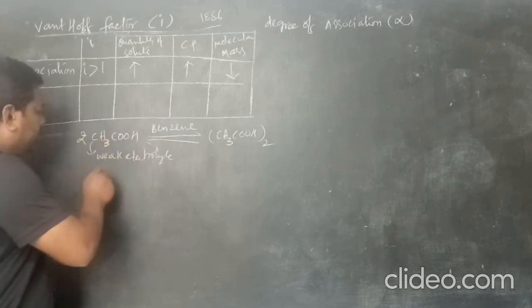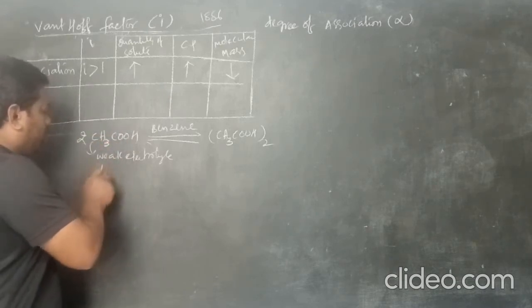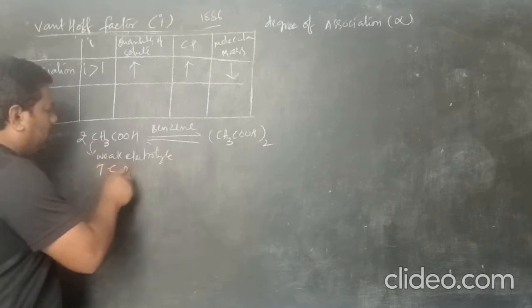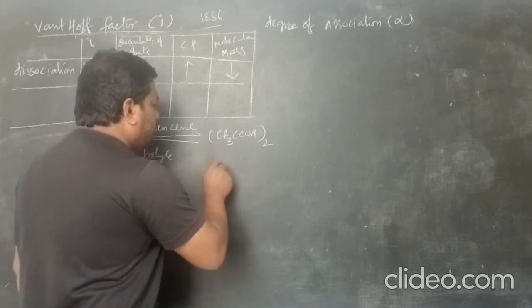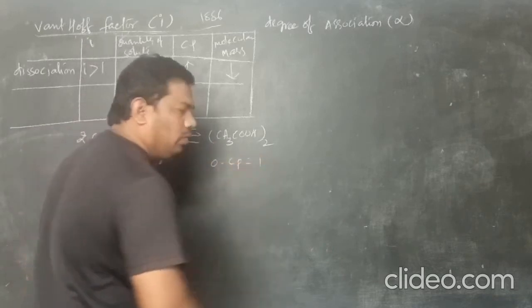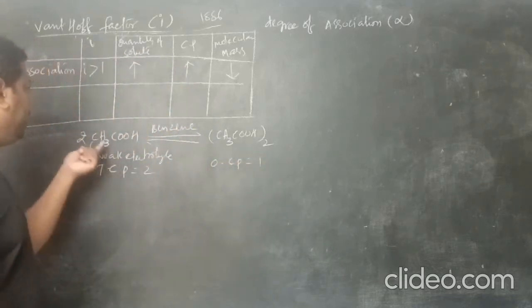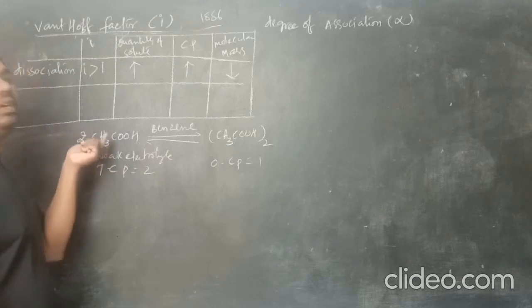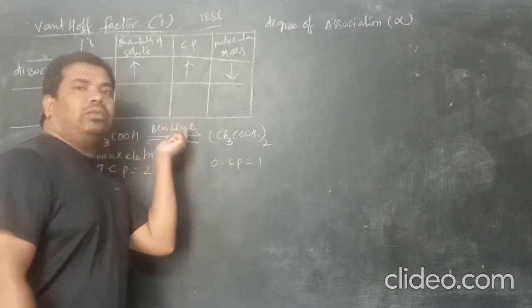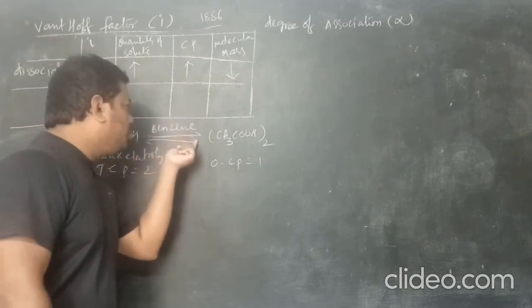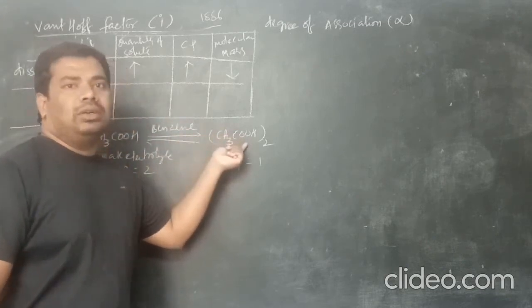So here we are taking 2 moles of acetic acid. That means the theoretical colligative property is 2, but the observed colligative property is equal to 1. We are actually taking 2 moles of acetic acid, but when we add it to benzene solution, it becomes 1 mole.